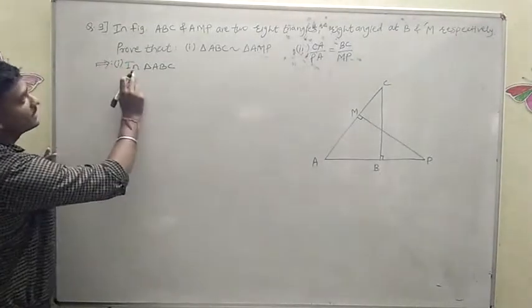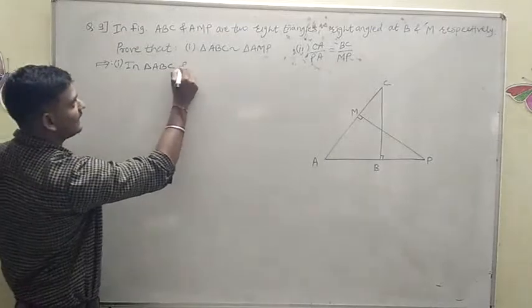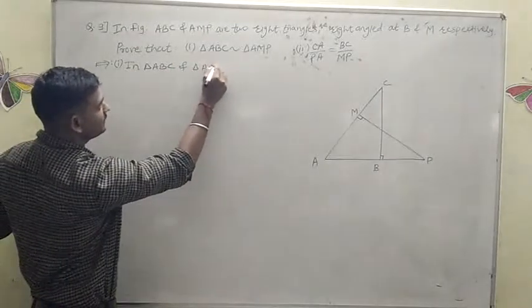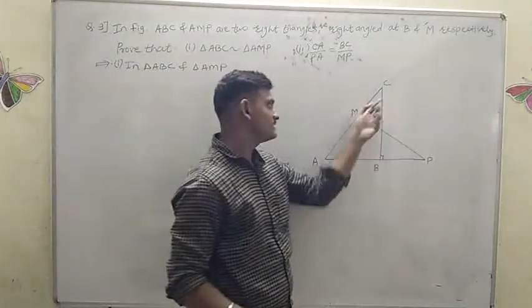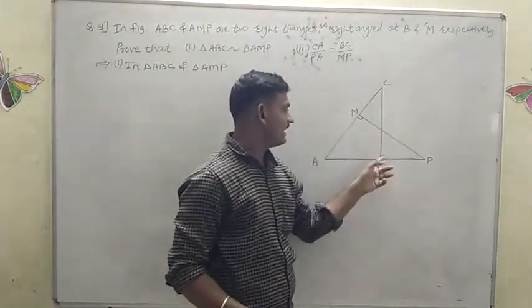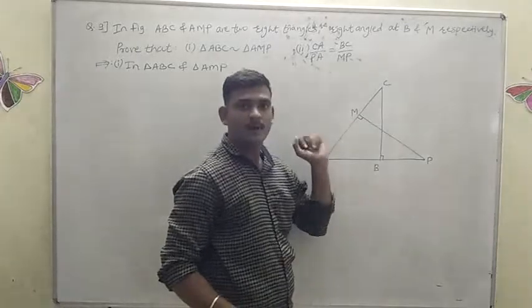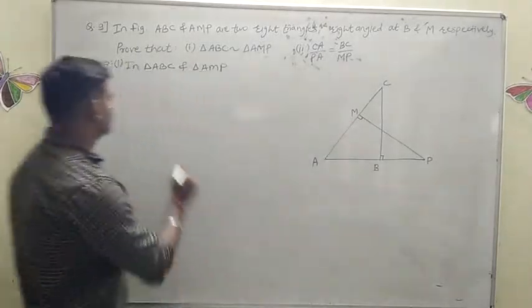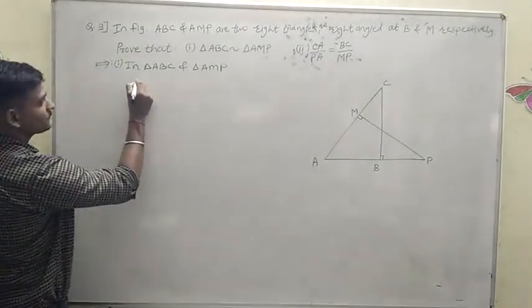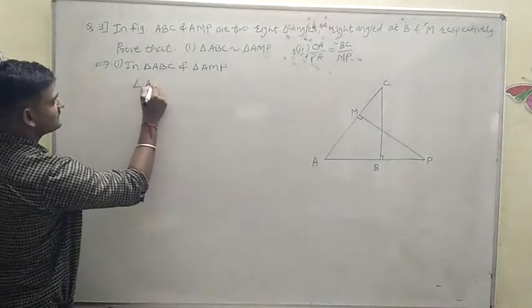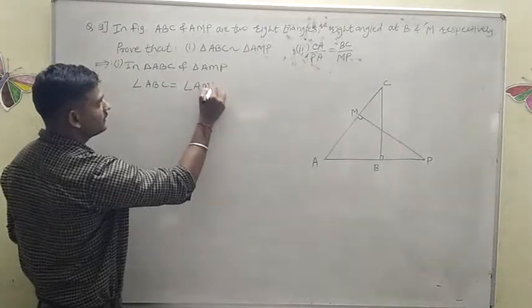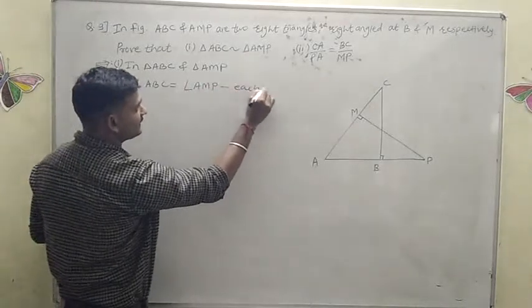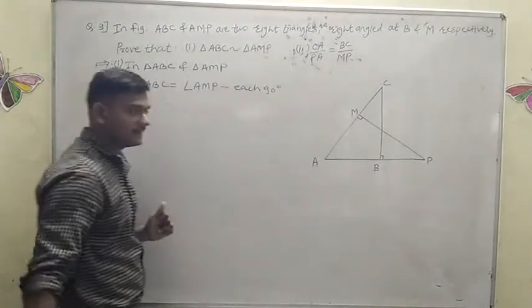See the first proof. In triangle ABC and triangle AMP, in these two triangles, angle B is equal to angle M, both are 90 degrees. Angle ABC is equal to angle AMP, each 90 degrees.